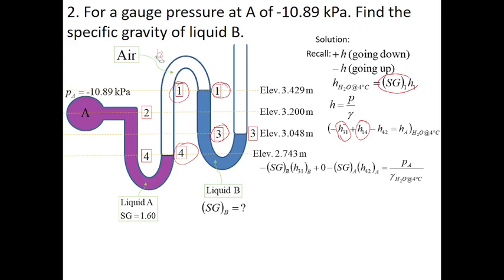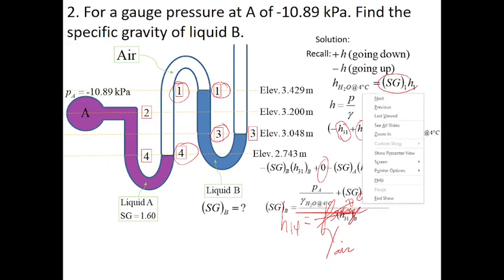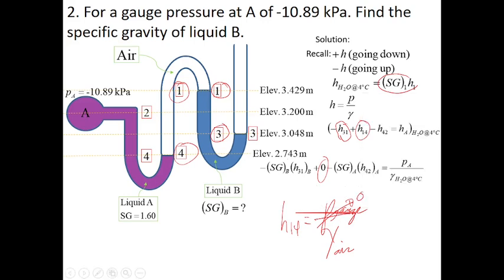So H14 is considered 0 pressure head, because there's no gauge pressure. The formula is the gauge pressure over gamma of air, but the gauge pressure is 0 for air. So 0 over gamma, the specific weight. That's why the pressure head is 0.